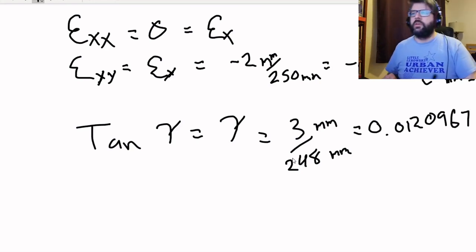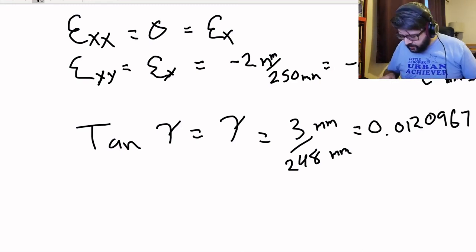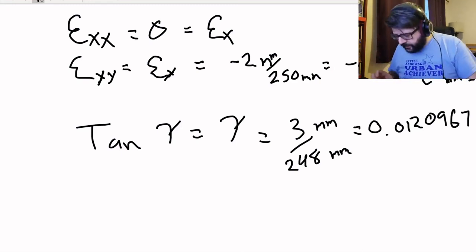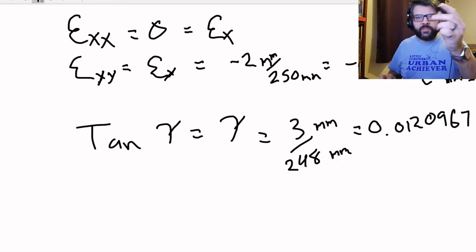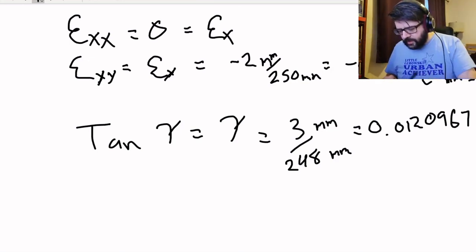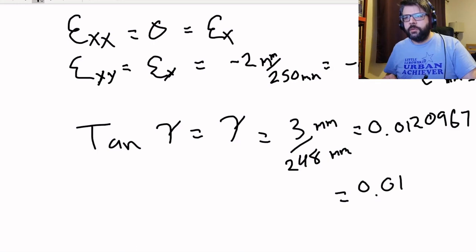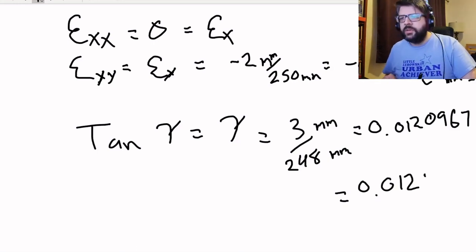0.0120967. I'm going to throw all those in there because we'll test the validity of the small angle approximation here. So the inverse tan of that is going to be 0.0120996.